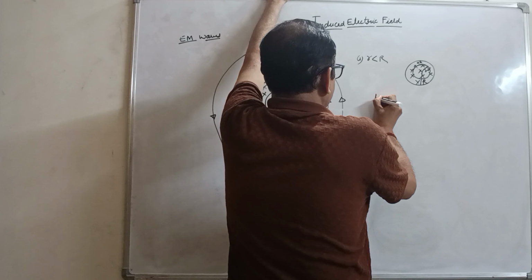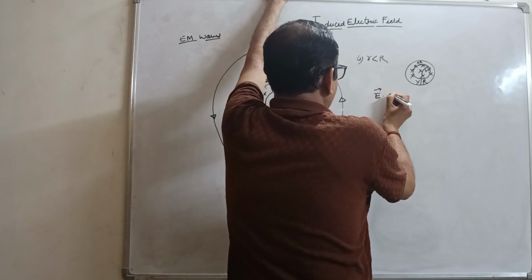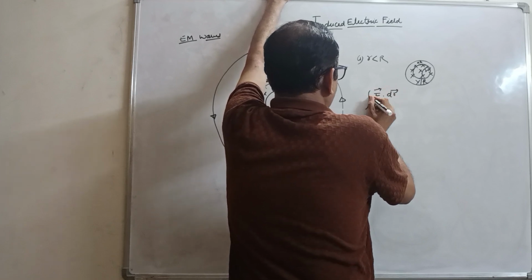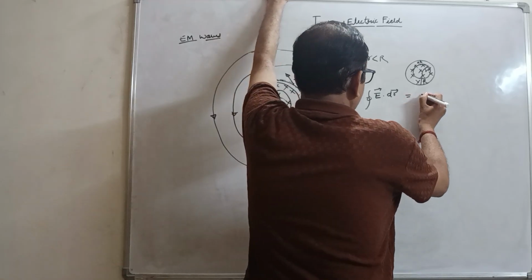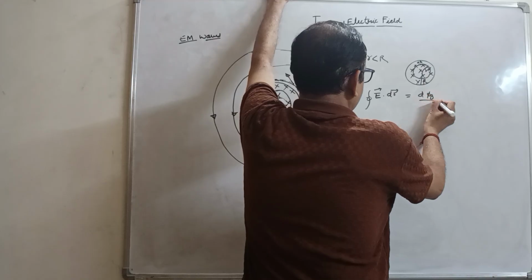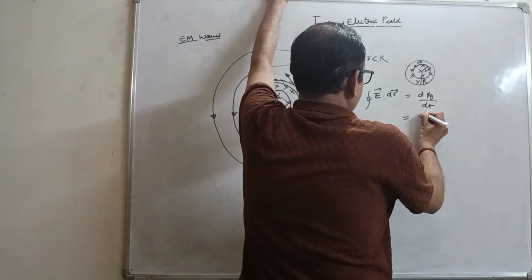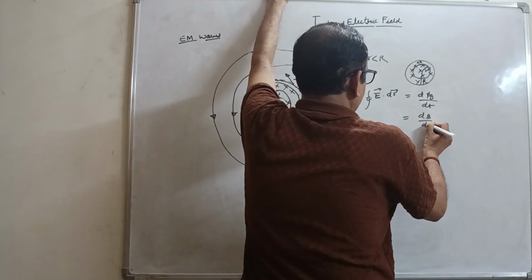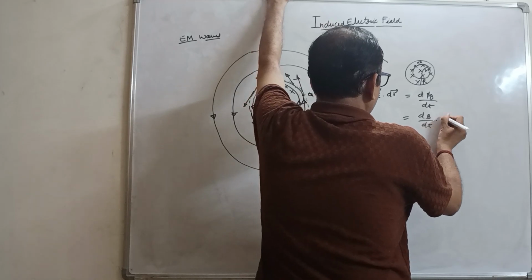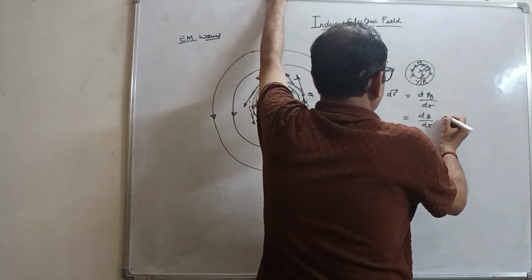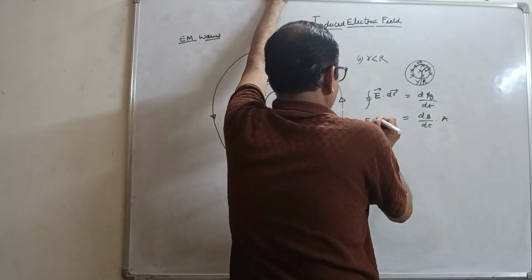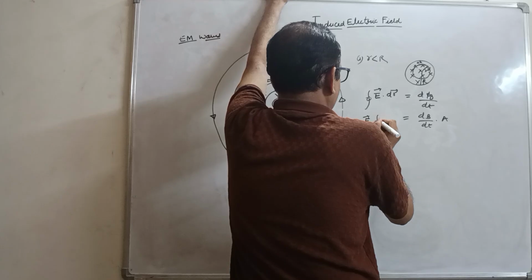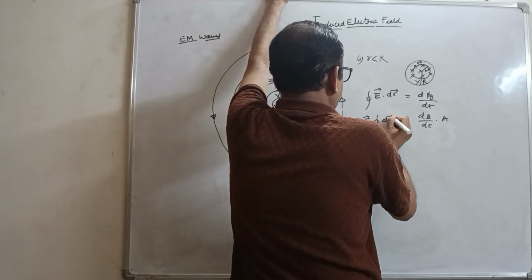We know the closed integral of E vector dot dl is equal to dΦ_B by dt. This becomes dB by dt into area, and E dot dl becomes E vector integral dl.